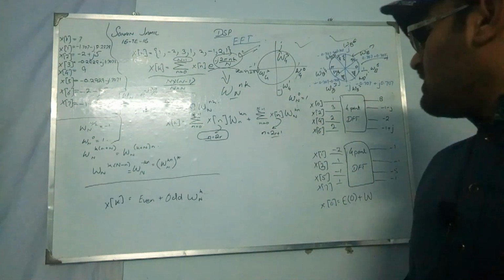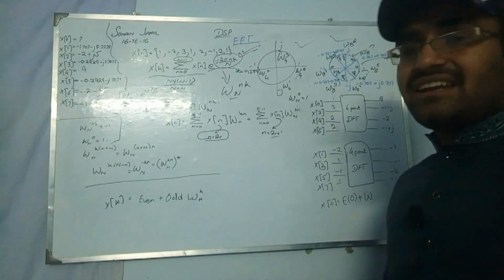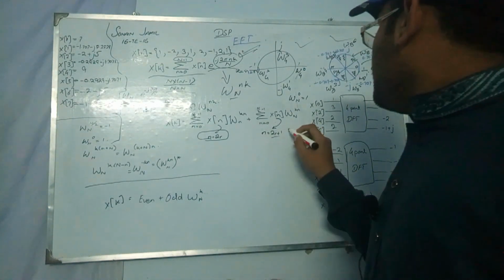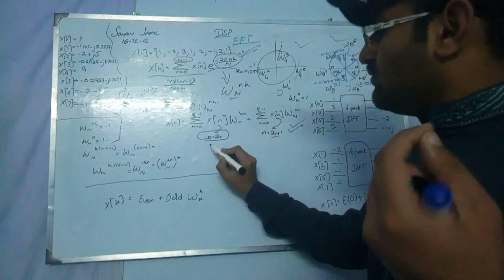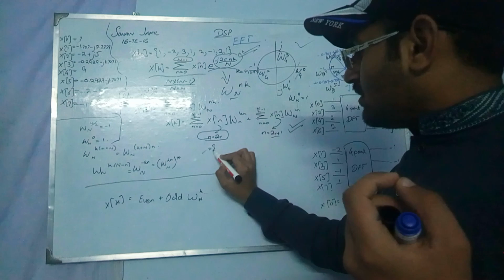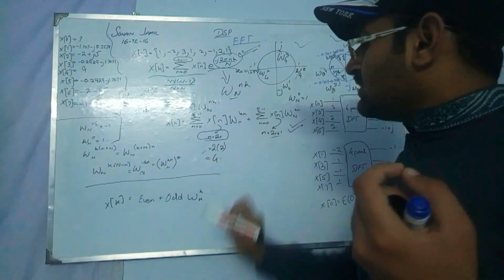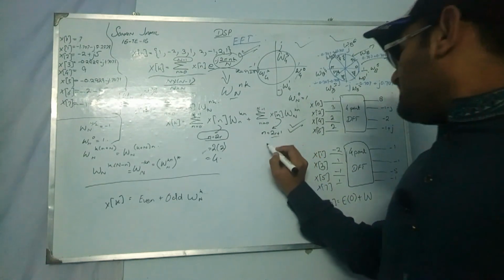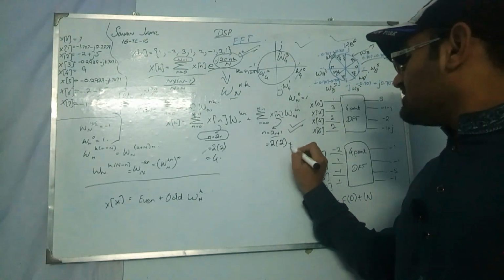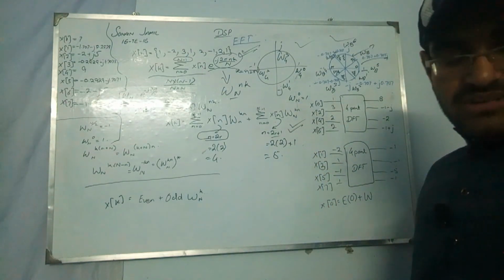But for the odd case, we add 1. Whenever we add 1 to 2r, it will become an odd number. For example, if r is equal to 2, from here it comes to 4, but when I add 1 it will come out to be 5, which is an odd number.